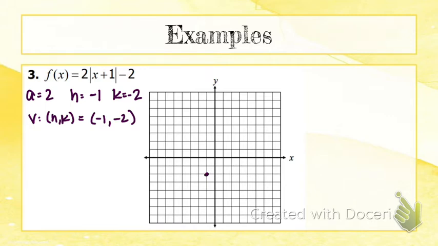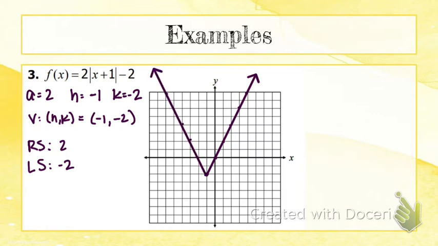Then the right slope is going to equal a, and the left slope is negative a. So our right slope is 2, so that's going to go up 2 over 1, up 2 over 1, and so on. And honestly, we know that absolute value functions are symmetrical, so we don't even have to pay attention to the left slope as much. We can just make it exactly opposite of our right-hand slope. And that's your function.